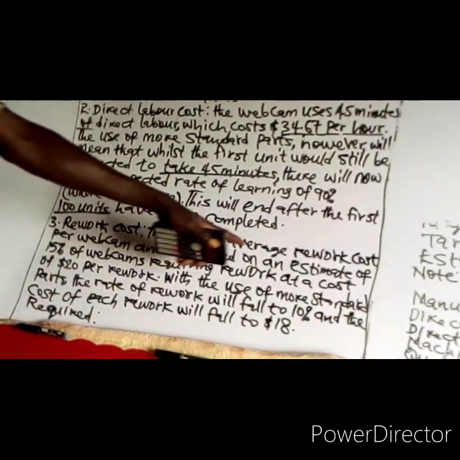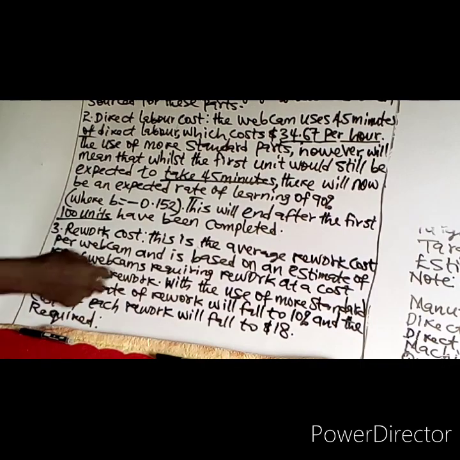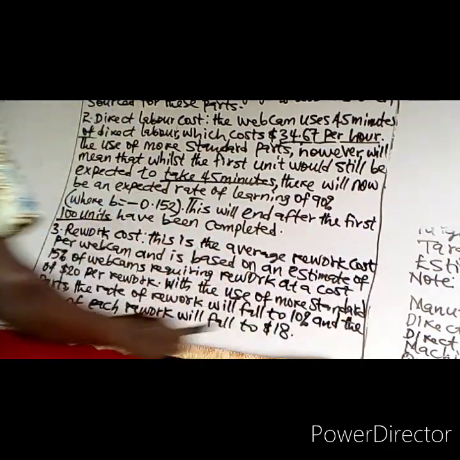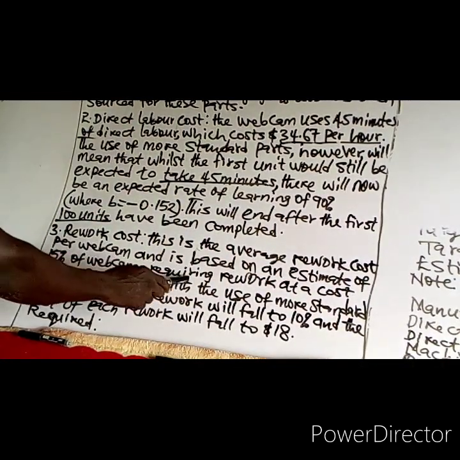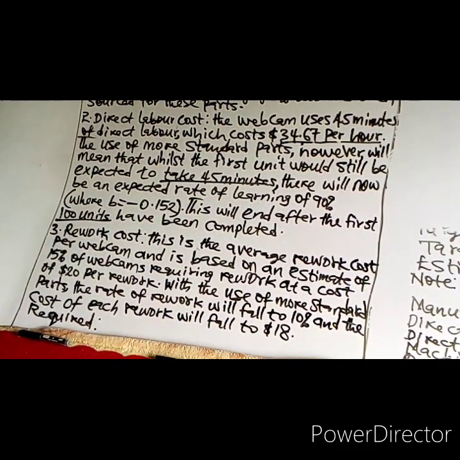Now back to the note. Rework cost. This is the average rework cost per webcam, and is based on an estimate of 15% of webcams requiring rework at a cost of $20.